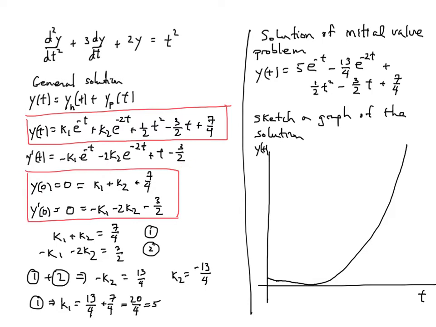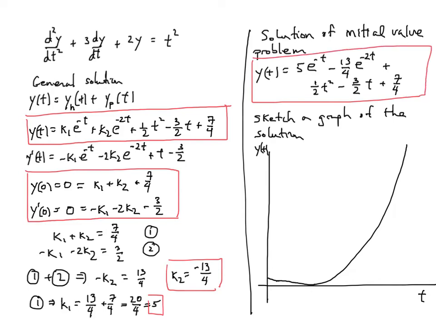Solving for k1 and k2, if I didn't make a mistake, I have that k2 is minus 13/4, and then k1 ends up being just a 5. Okay. So the solution of our initial value problem is given like this.